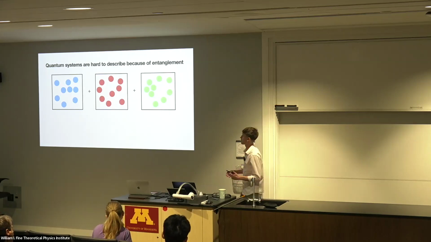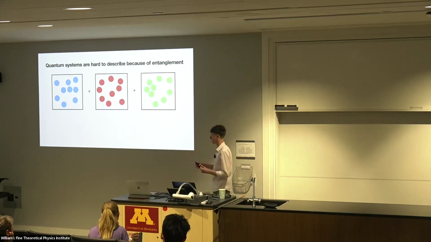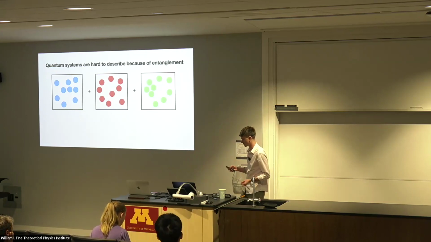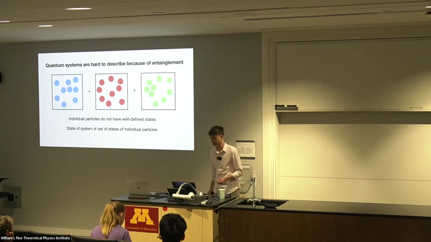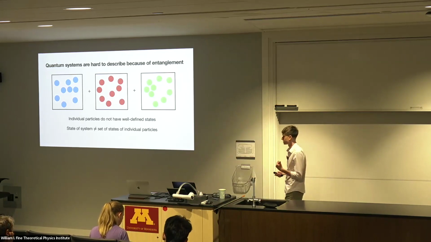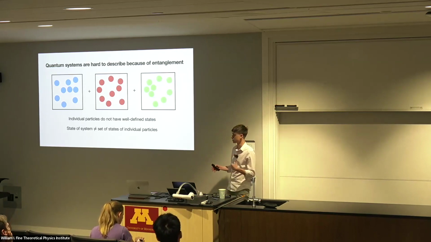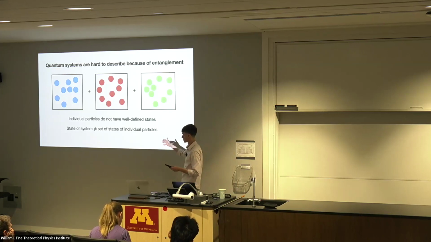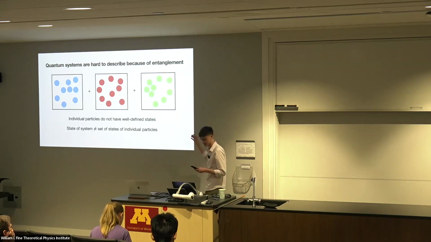If we imagine that we have a bunch of interacting particles, a pure quantum state of those particles is some superposition of their configurations. And of course, individual particles here do not have well-defined states. And therefore, we cannot describe the state of a whole many-body system as the composition of the states of the individual particles, right?